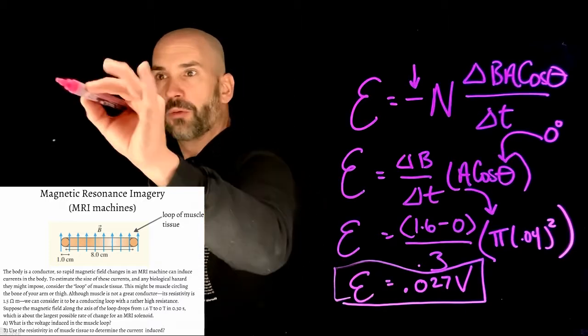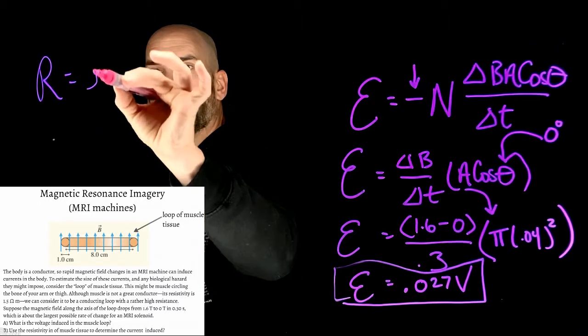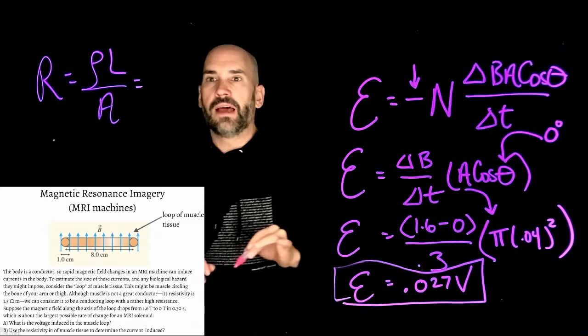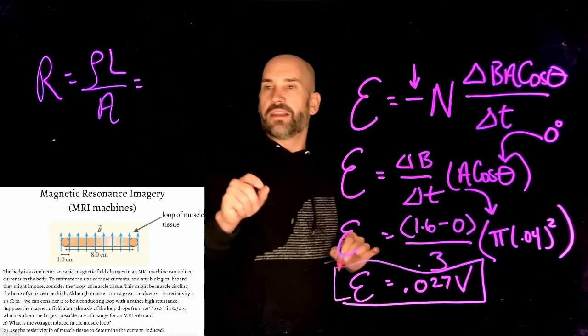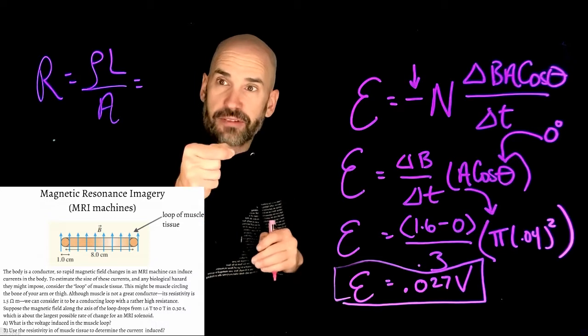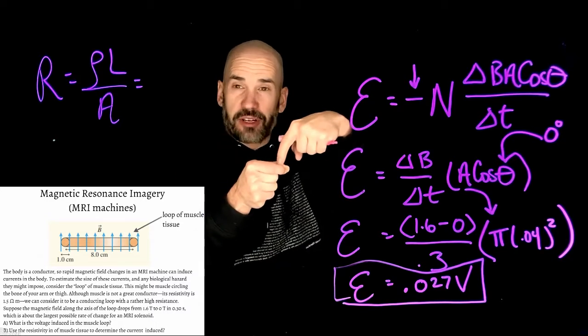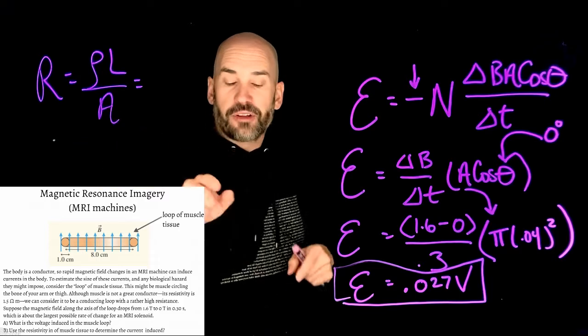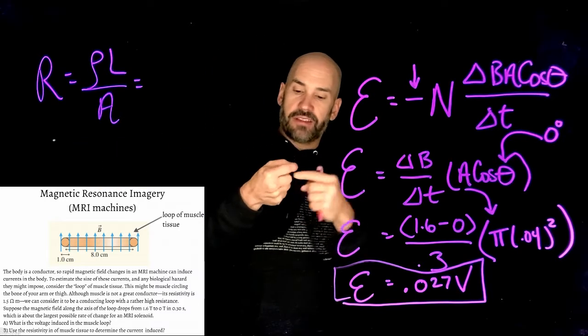We know that resistance is equal to rho times length over area, right? And so this length is the actual length of the loop. In other words, the loop is a circle, so that's going to be the circumference of the loop, divided by the cross-sectional area that the loop is made out of.